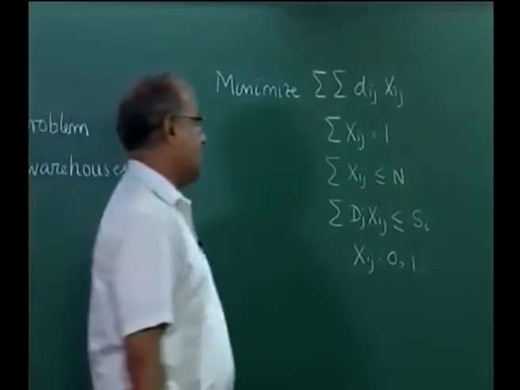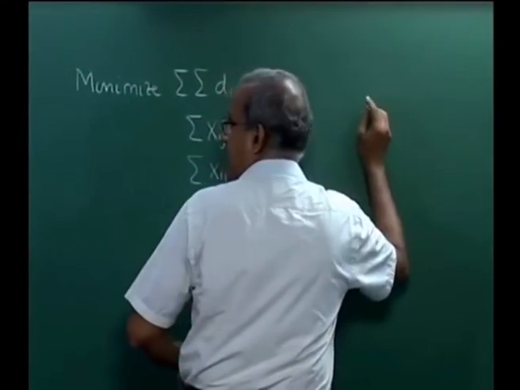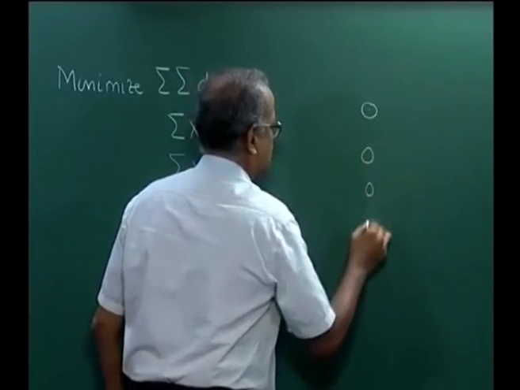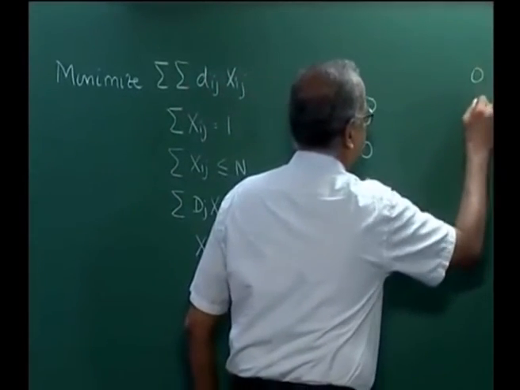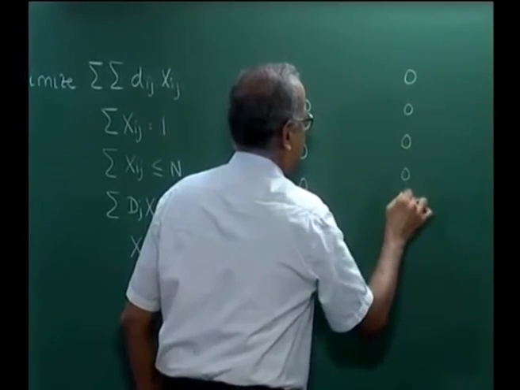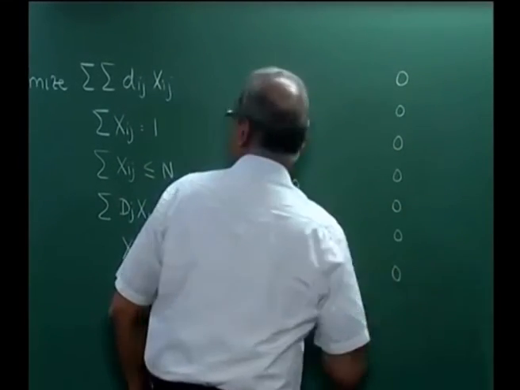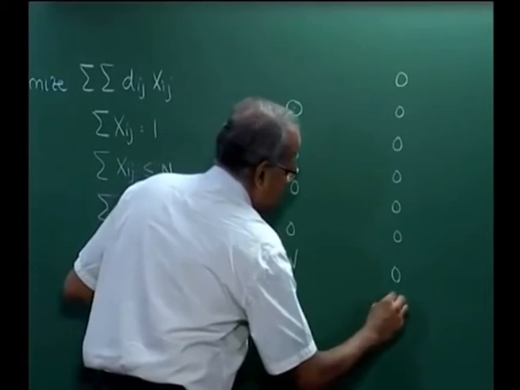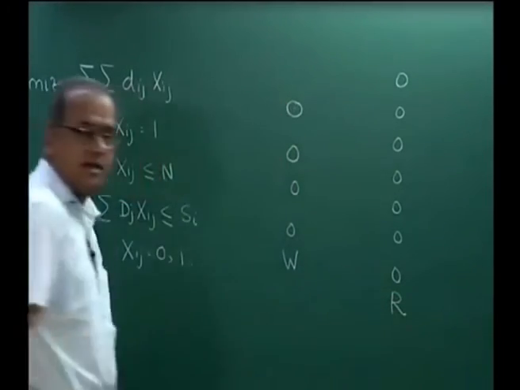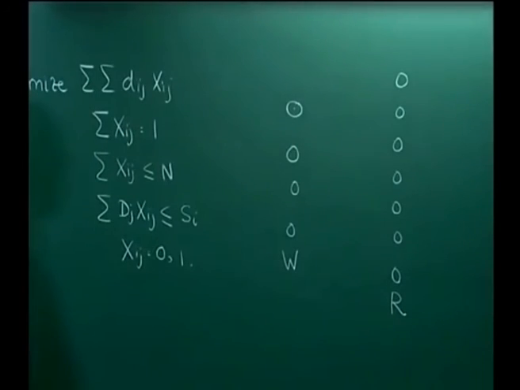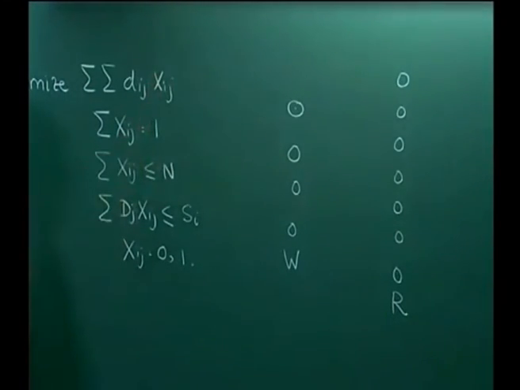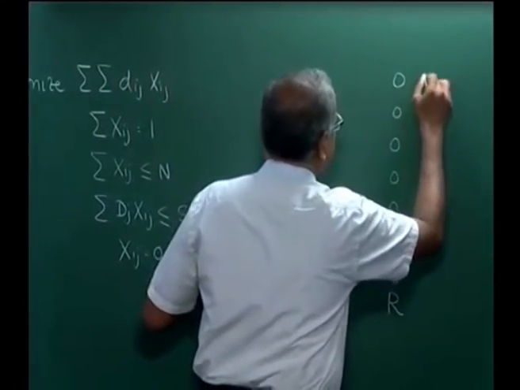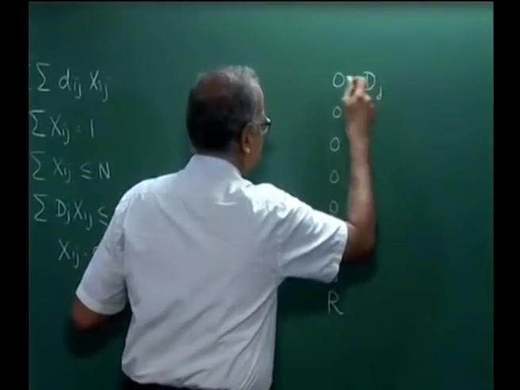Here we assume that we would have several warehouses and a large number of customers or retailers. So, we call this the warehouses and we call this the retailers. Now, we are going to assume when we look at this formulation that there is a demand Dj from each of these.